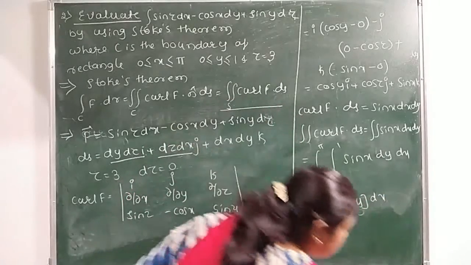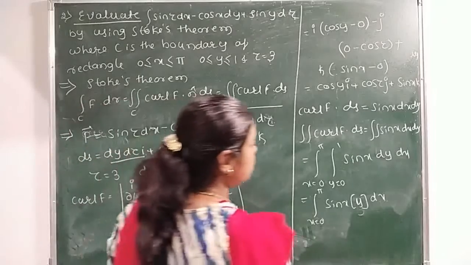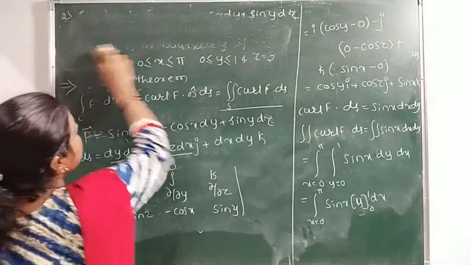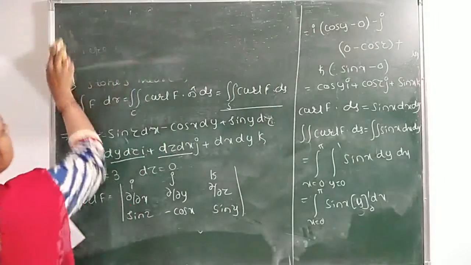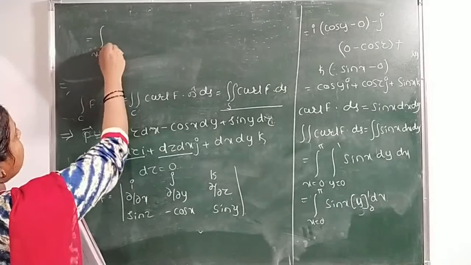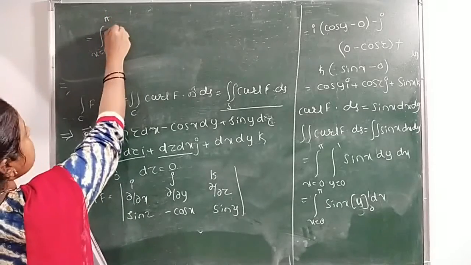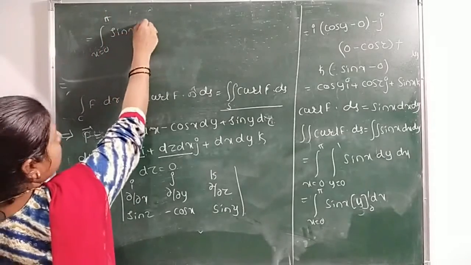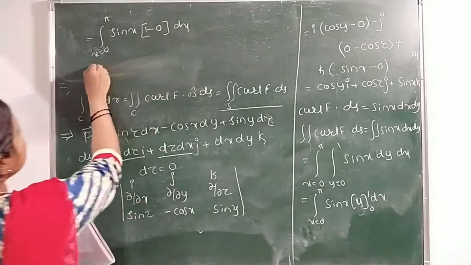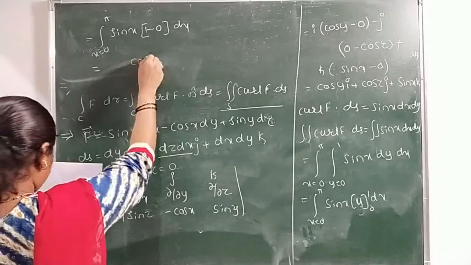Now substitute the upper and lower limits, so y becomes 1, which is equal to the integration of x equal to 0 to pi of sin x times 1 minus 0 dx.